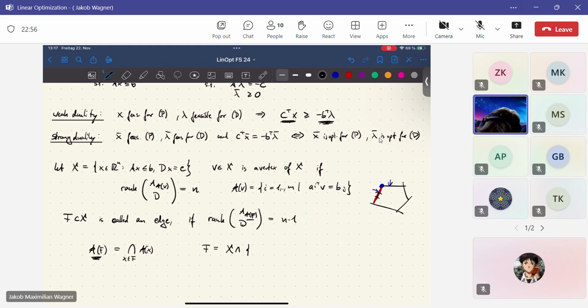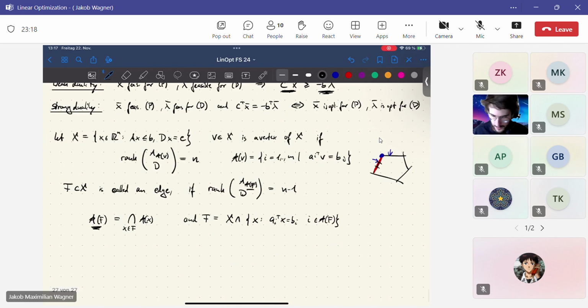So with the set of x where a_i transpose x is equal to b_i for i in these A of F. And this generalizes the notion of an edge also to arbitrary dimension.